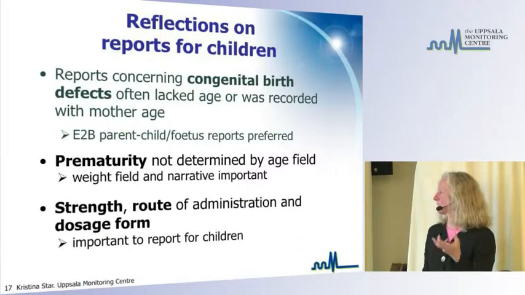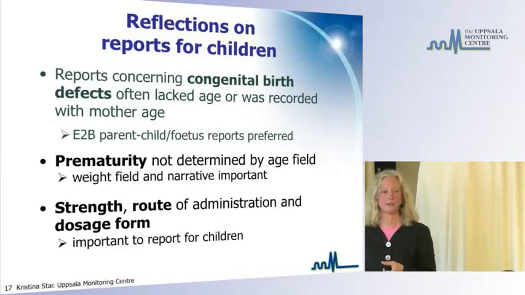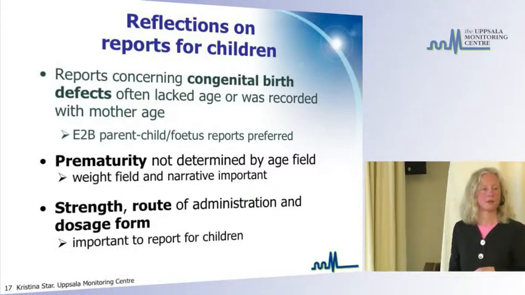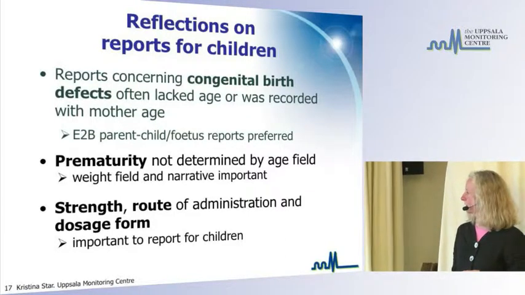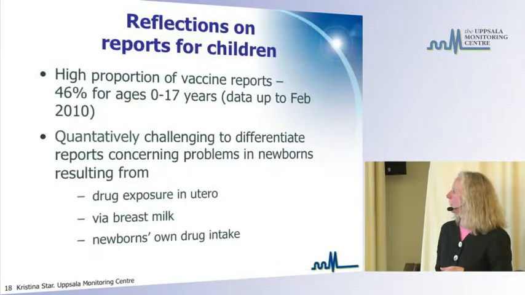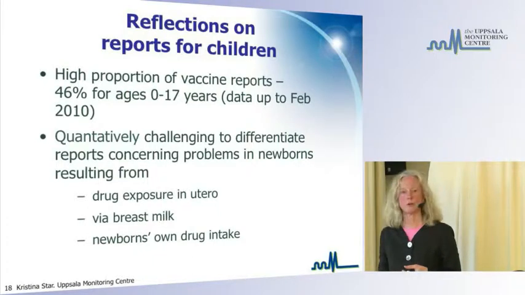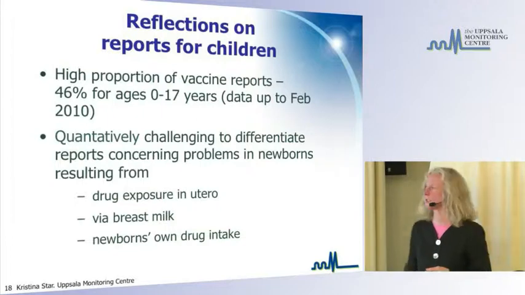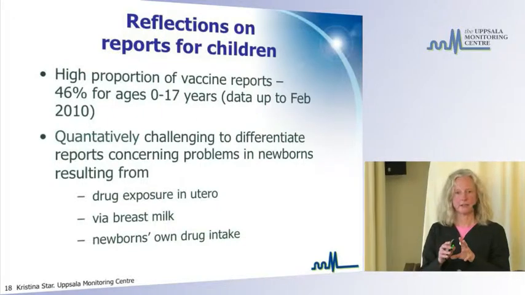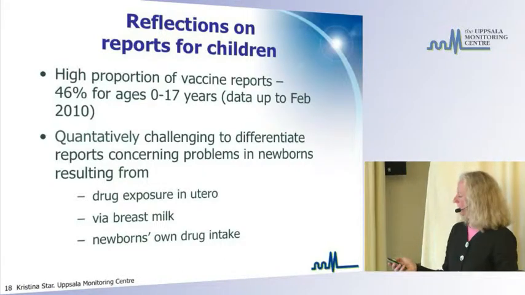And also I would like to stress that strength, route of administration and dosage form are very important when it comes to the reporting for children, because of the difficulties in dosing and administration for children. We also saw, you know that vaccine reports are very commonly reported naturally for children, so we decided to actually have separate signal detection groups.